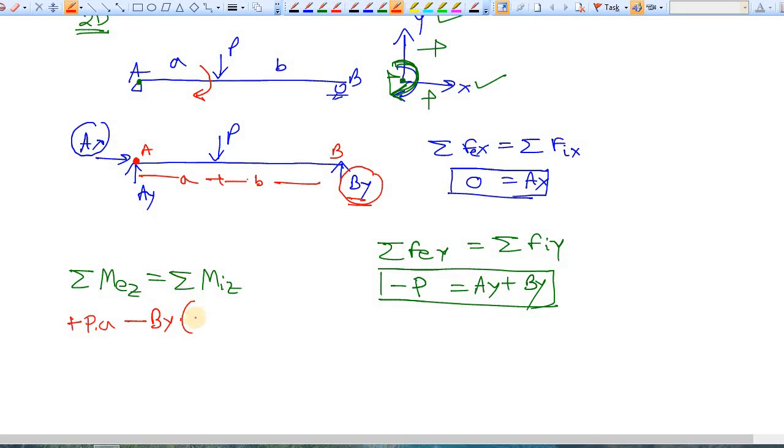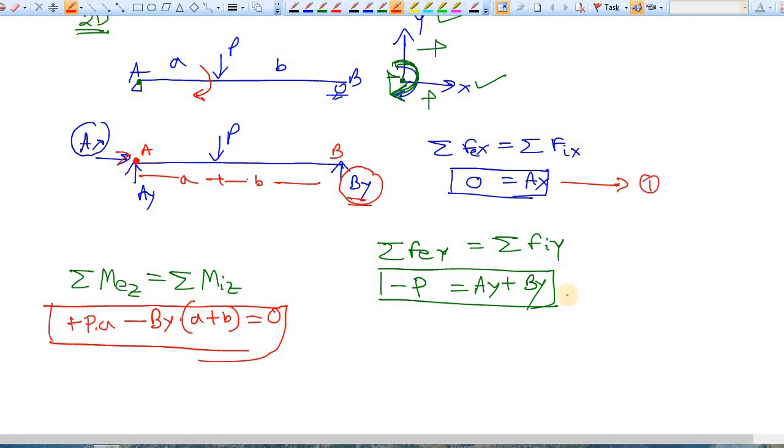The lever arm distance is A plus B. This is equal to the internal moment; we don't have any internal moment reaction, so that is 0. So from here also we can get another equation. So from these three equations, equation 1, equation 2, and equation 3, we can get 3 unknowns.